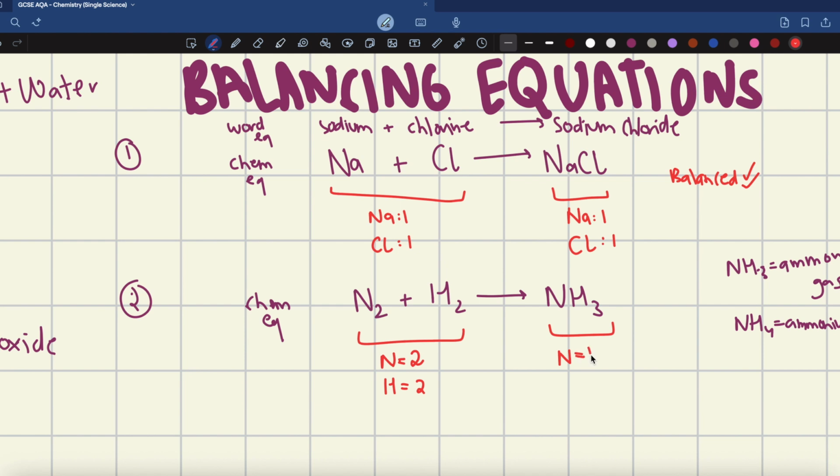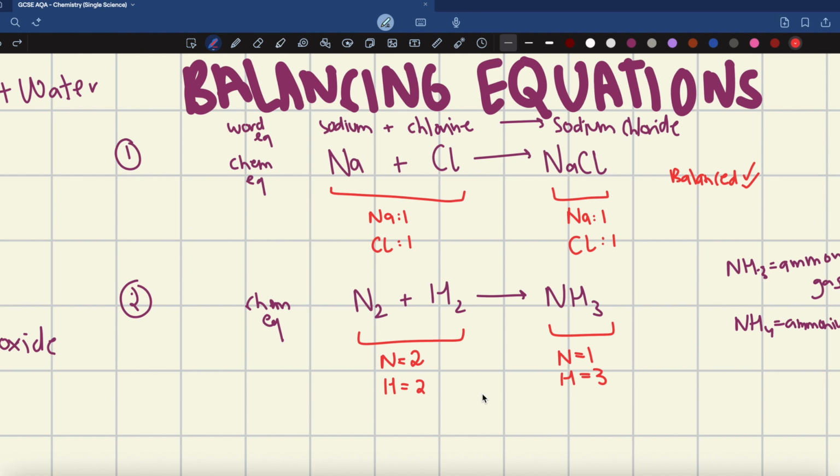There's just 1 nitrogen particle and there are 3 hydrogens. Please don't make this mistake. Most students end up thinking that there are 3 of nitrogen and 3 of hydrogen. No, the 3 is with hydrogen. So there are 3 hydrogen particles with each nitrogen particle. If there was a bracket around this and a 2, that would mean 2 nitrogen and 6 hydrogens. But we don't have this 2 to confuse us, so this is the ratio that we have.